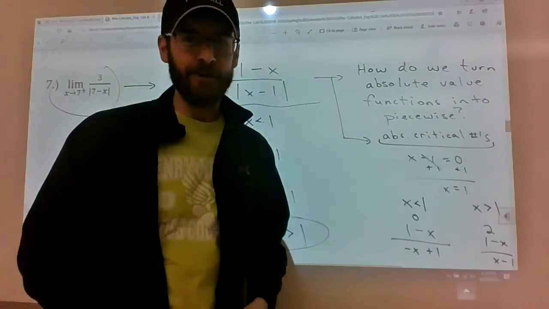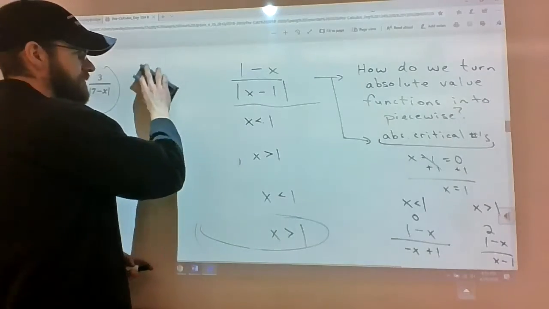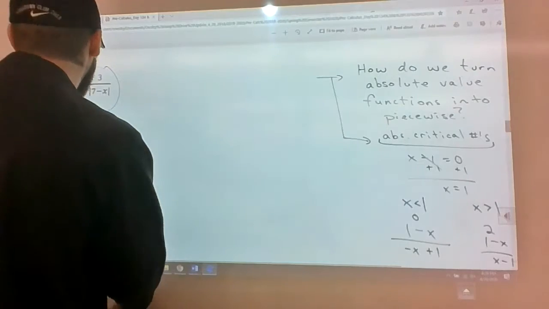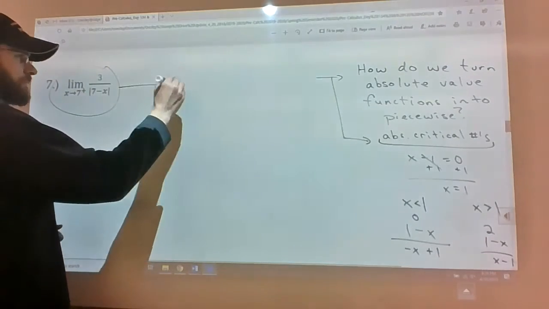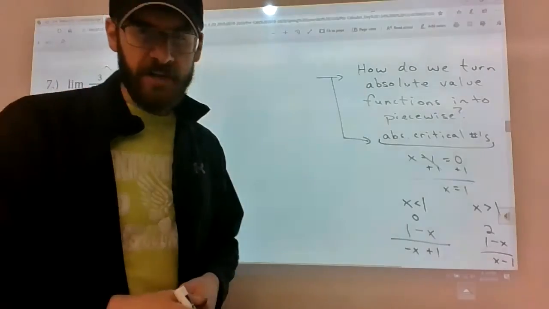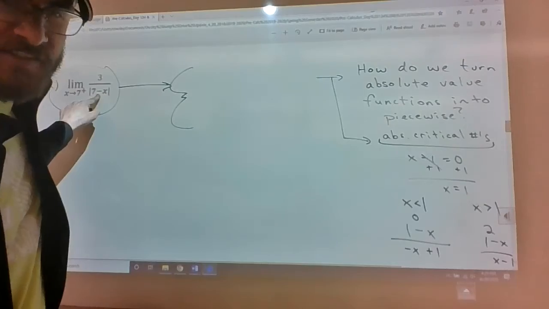All right, here's the last example. All right, so let's get the piecewise out of this. Looks like 7 minus x is inside the bars.